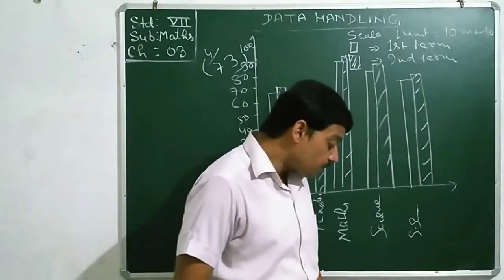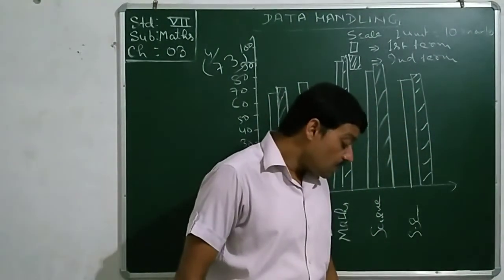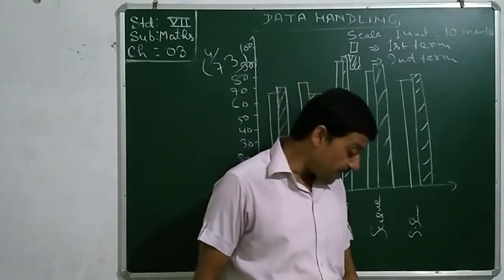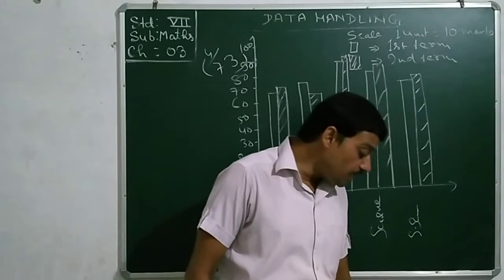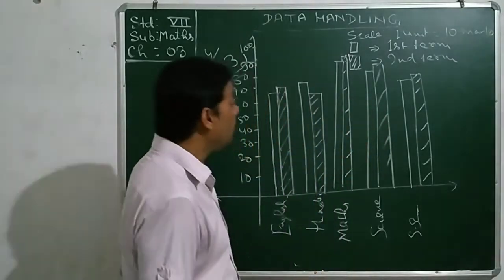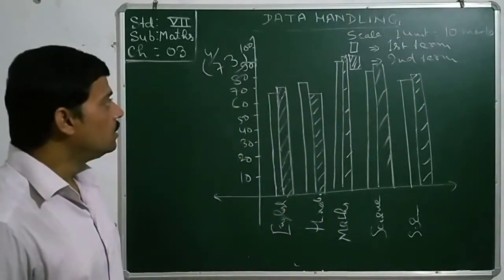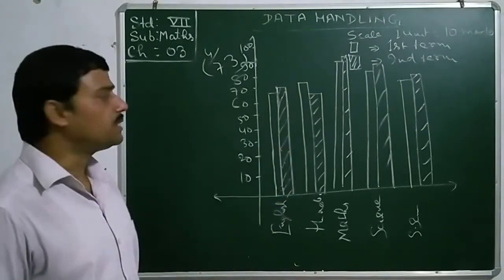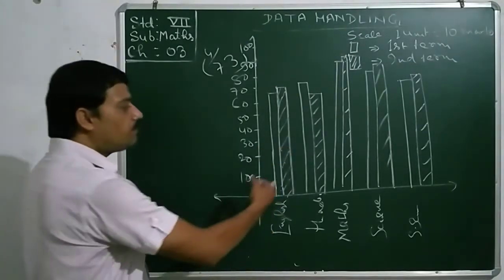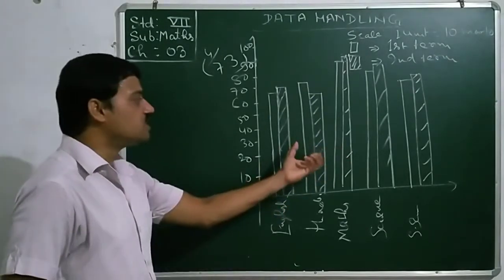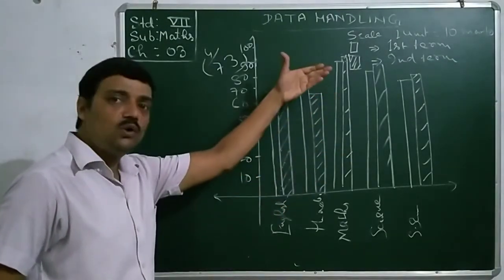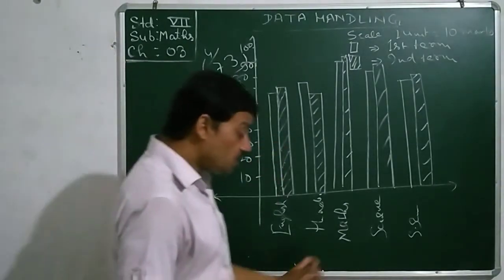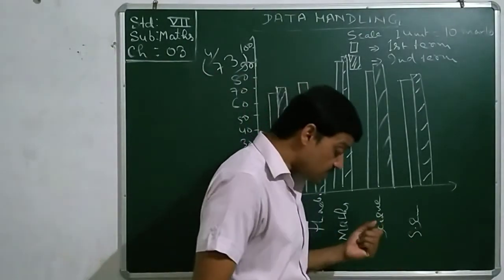The first part is, draw a double bar graph choosing an appropriate scale. What do you infer from the bar graph? We infer from the bar graph the performance of the students, whether it has improved or not. So these questions you can answer yourself.